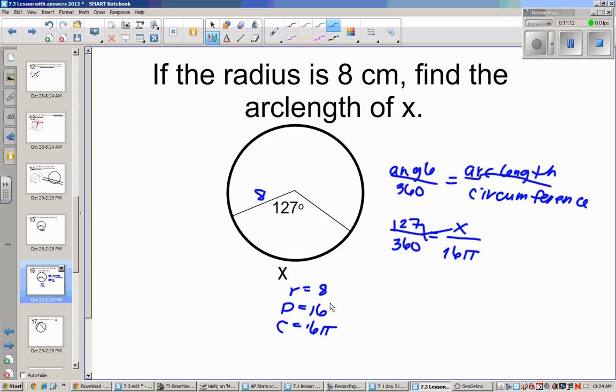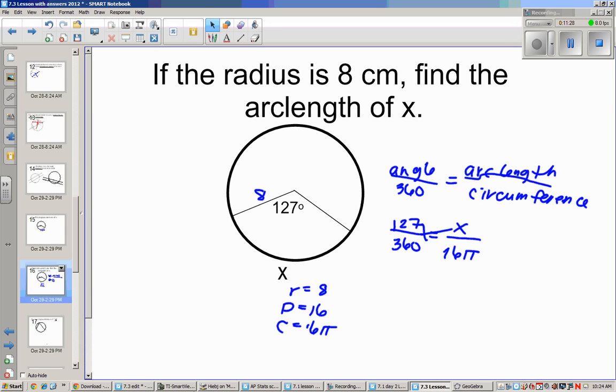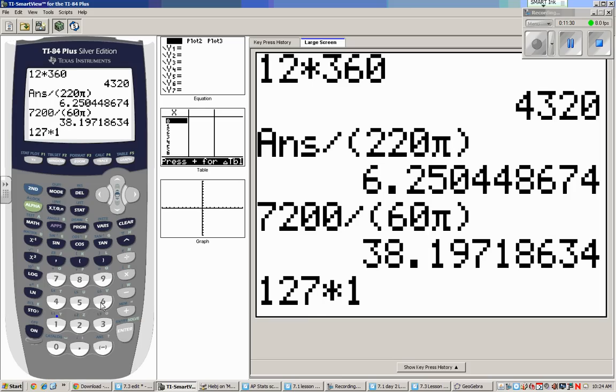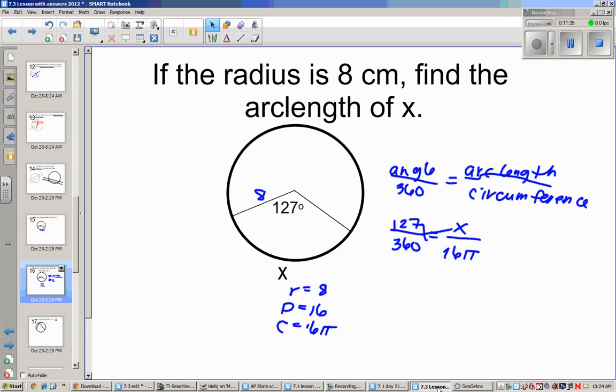So I'm going to go to my calculator here. 127 times 16 is 2032. So I get 2032 pi equals 360x. To finish solving, I'm going to divide that by 360.